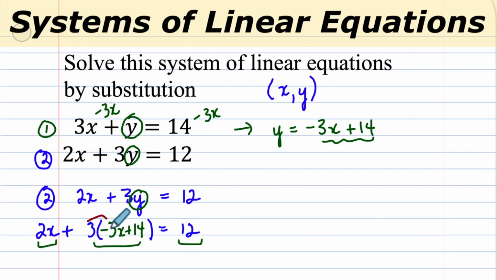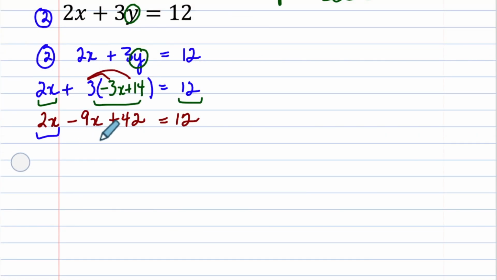Follow your order of operations by distributing first. We have 2x. Positive 3 times negative 3x is negative 9x. 3 times 14 is 42, is equal to 12. Collecting our like terms. Negative 7x plus 42 is equal to 12.